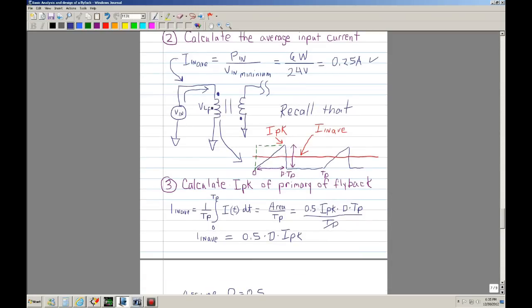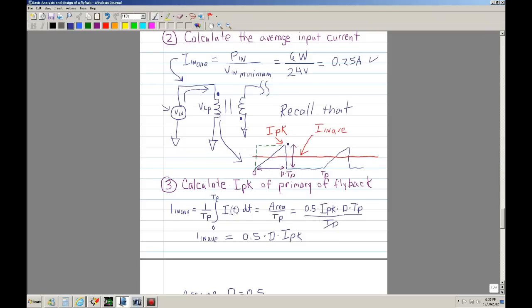Now recall that this average current is being supplied by this power supply. This input current is going in, and it's an average current. From the analysis we did up there, we know the current of the primary inductor looks like a sawtooth waveform.